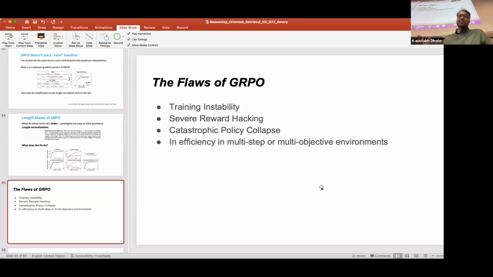For instance, if we give a score of 1 for a correct math format plus a score of 1 for getting the correct math answer, the policy might generate a bad format correct answer versus a correct format bad answer, but they both might have the same reward. So there are problems like this, but I think we'll move on to how do we incorporate search in this setting.